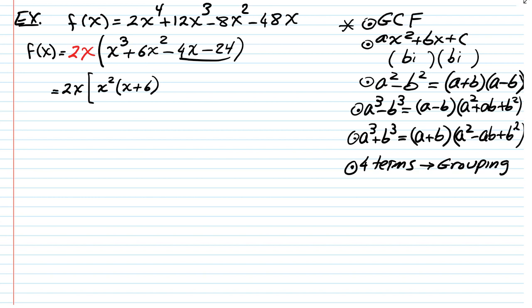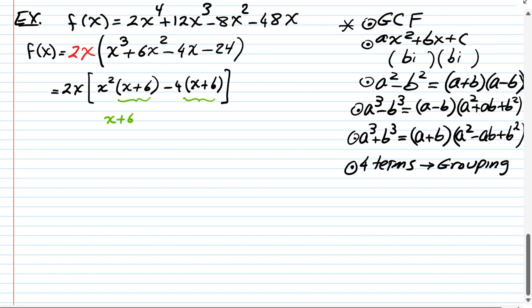And from the second group, I'm going to factor negative 4. That's going to make it x plus 6. And that was a good grouping. The reason, because now we recognize a common binomial factor, x plus 6.